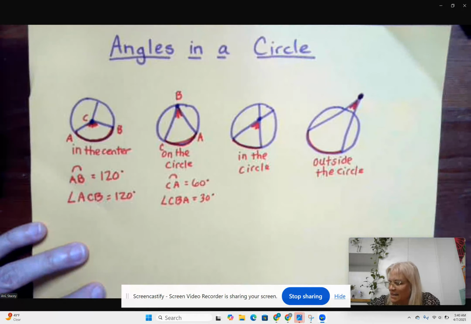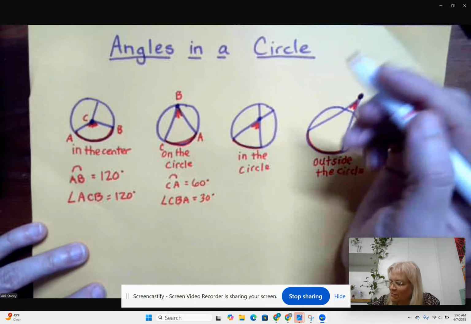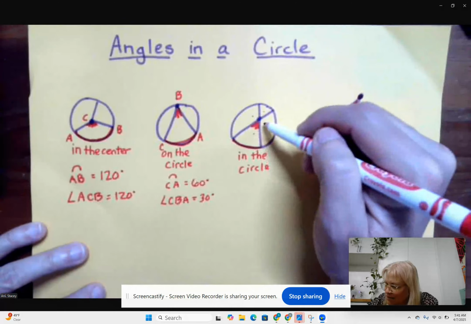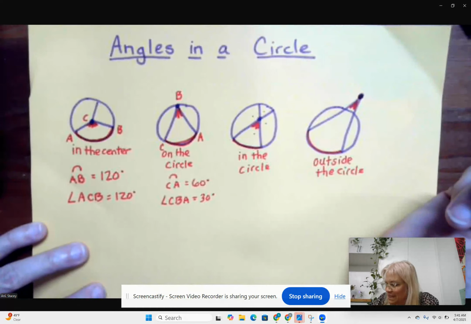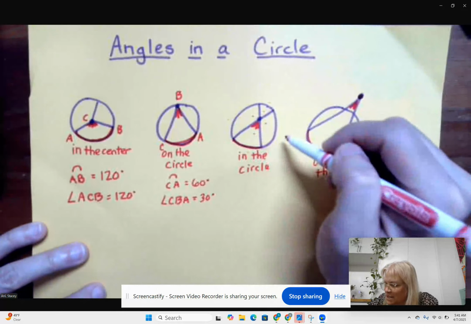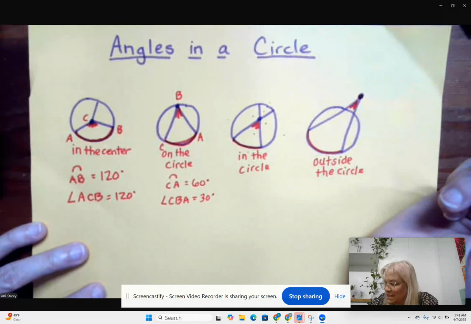For this one, where you have these angles inside of the circle, first of all, remember that if you added these 4 angles together, it would equal 360, right? Similarly, if you added the 4 arcs together, it would equal 360.